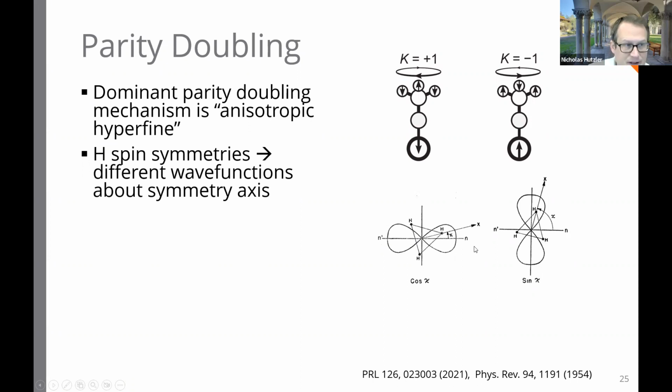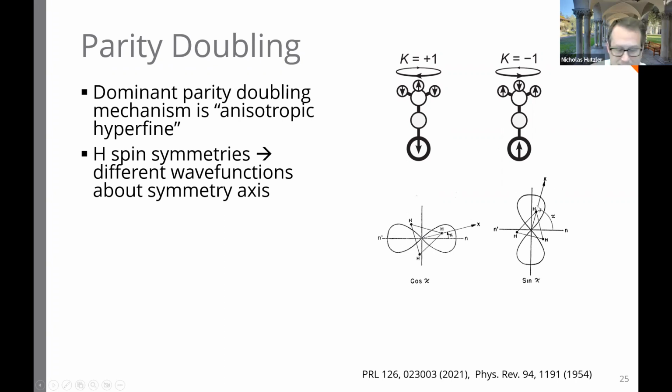And the intuitive idea of where this comes from is you have these 3 nuclear spins, the 3 H's. They have to be symmetrized or anti-symmetrized, depending on the overall symmetry of the nuclear wave function. But that means that because they're symmetrized or anti-symmetrized, if you look at the wave function of the nuclei, like where are the nuclei spending time, they end up in sort of cosine and sine like patterns.